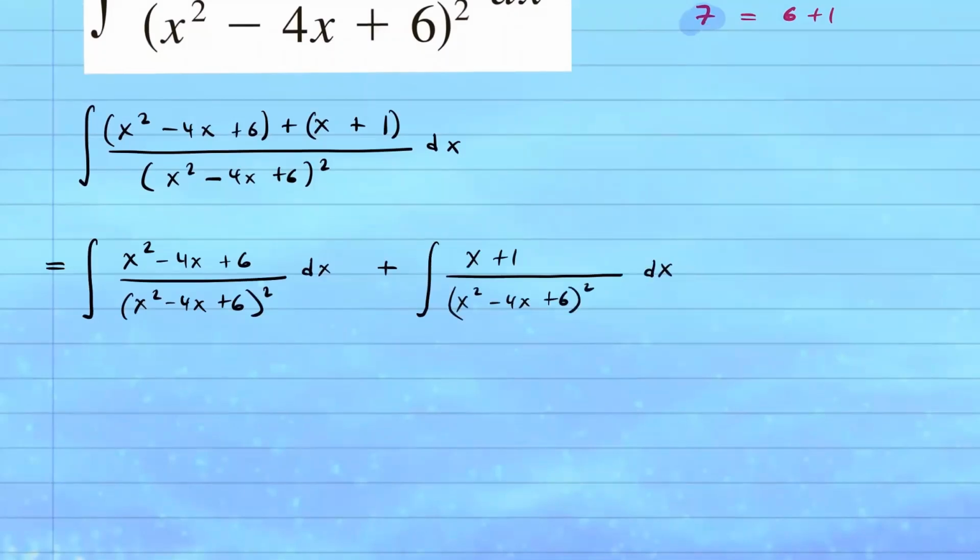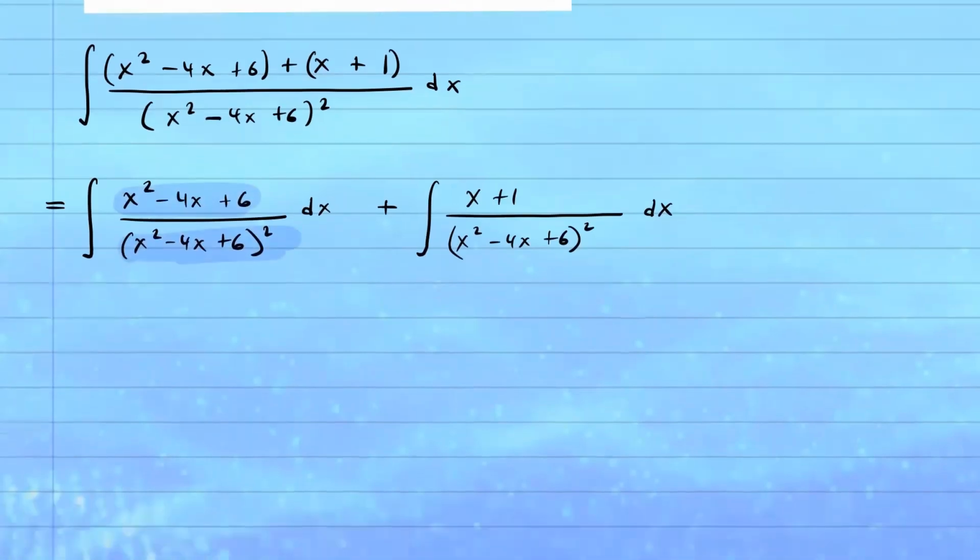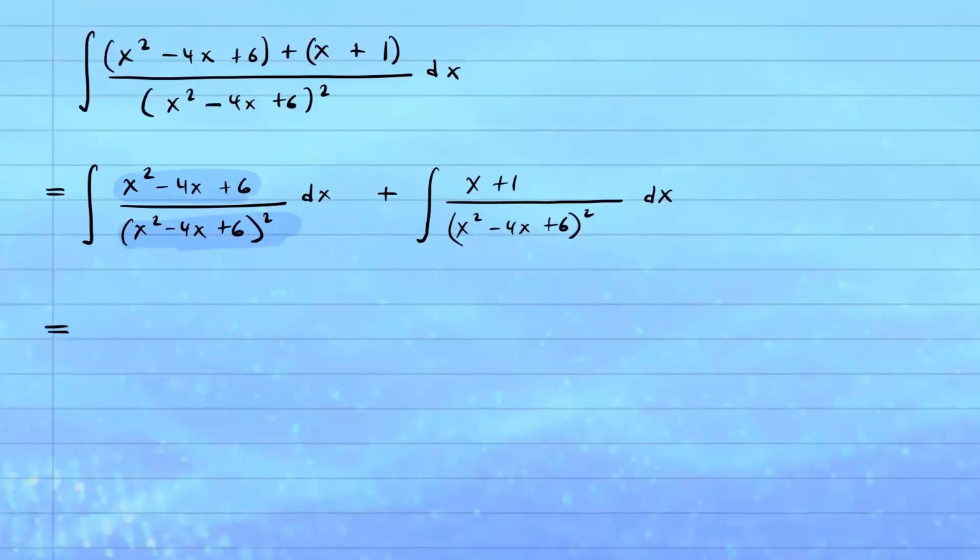So that's the reason I wrote the numerator that way, so that now these can simplify, because that's treated as the same term. Algebraically, you can cancel them, so you'll be left with 1 over just one factor of x squared minus 4x plus 6. Now that integral is easy to deal with.